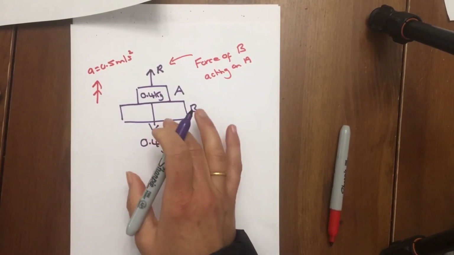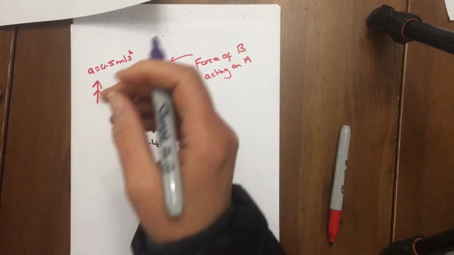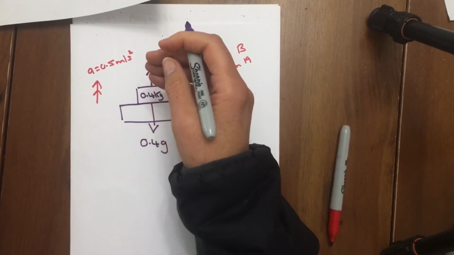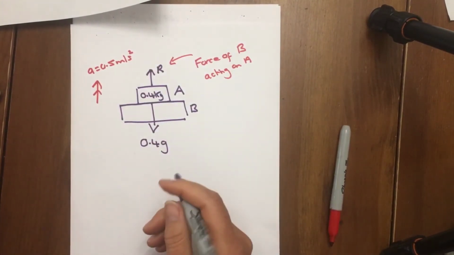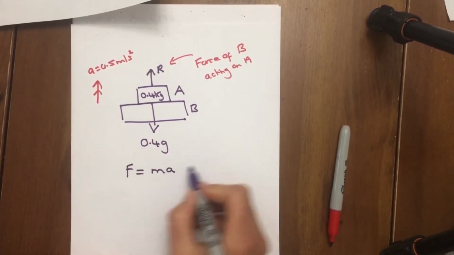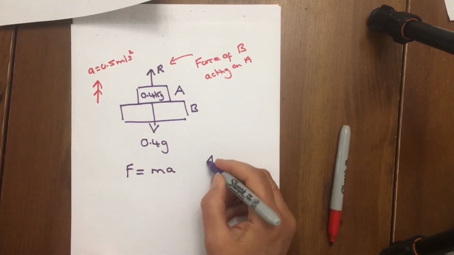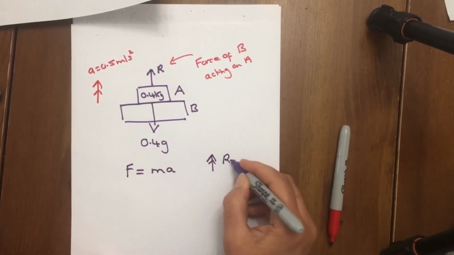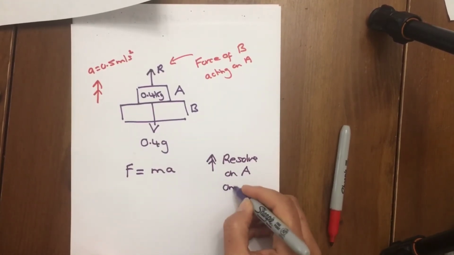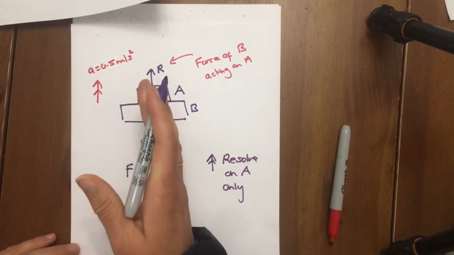So we've got the normal reaction of B acting on A, and we've got the weight of A going downwards. So if we look at F equals ma, and we're going to resolve just on A, in the upwards direction.